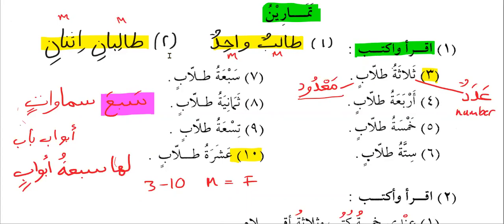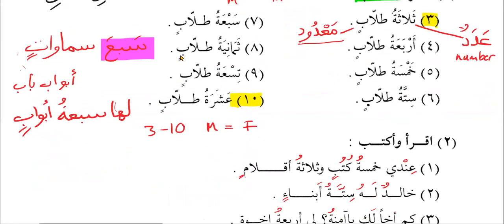And also, we have when Allah talks about, so what's the word for day in Arabic? Anybody? يوم. And what's the plural? أيام. نعم. And how many days does Allah mention He created the heavens and the earth? ستة.